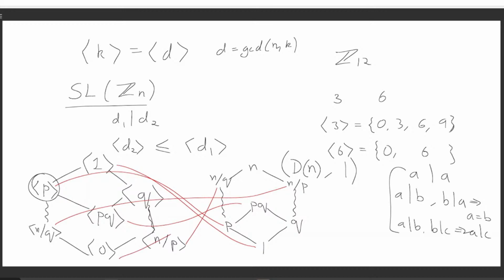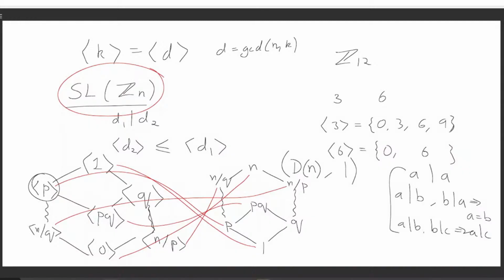So there is an anti-isomorphism of partially ordered sets between this poset, which is the set of all positive divisors of n, and this poset, which is the set of all subgroups of Zn under the inclusion relation.